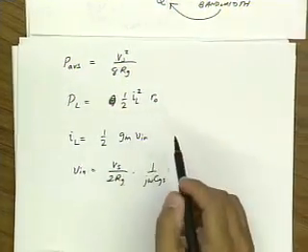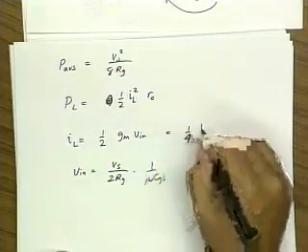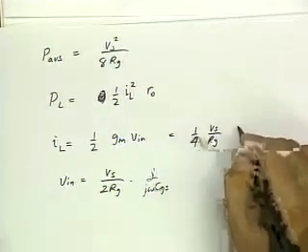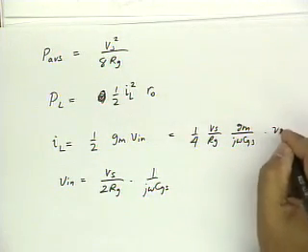So now we have an expression we can plug in here. So this is 1/4 Vs over Rg, Gm over j omega CGS times V in.